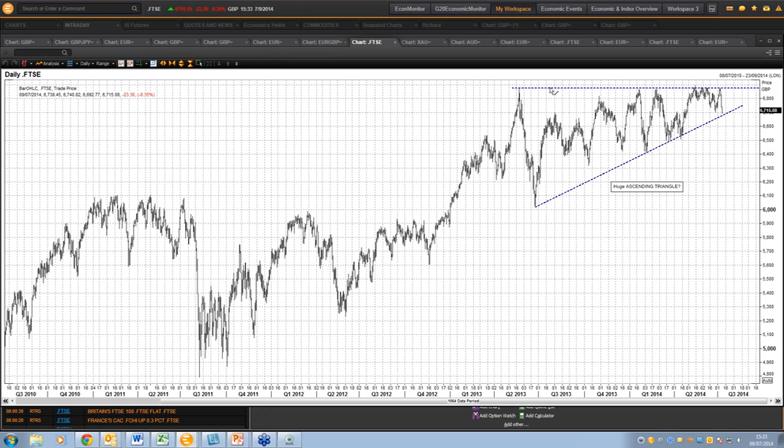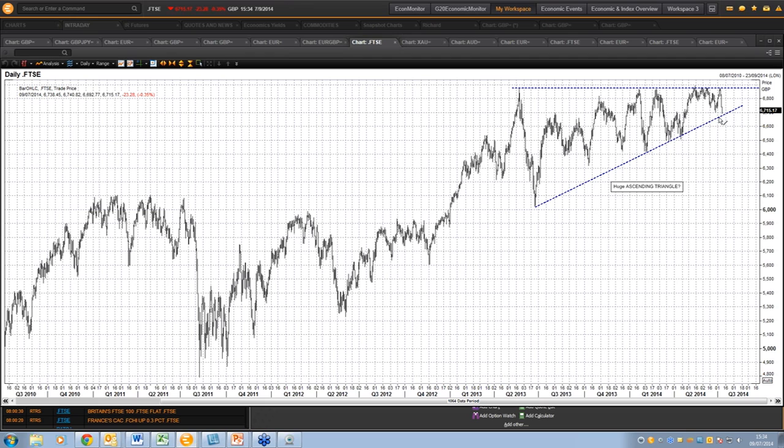Footsie is hitting its head on this resistance around that 68.90 level. 68.95 was the ultimate peak, which is the 14-year high. But you've got numerous higher lows throughout this triangle. So you'd be asking, is this just one big enormous ascending triangle? Could be.